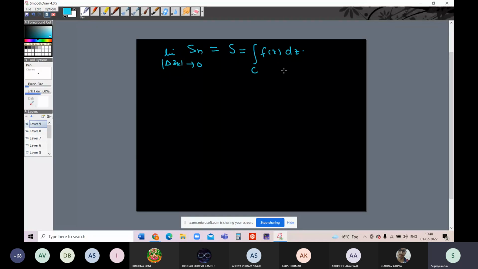This is called the line integral or contour integral. This is called the limiting definition of the integral of a function f(z).